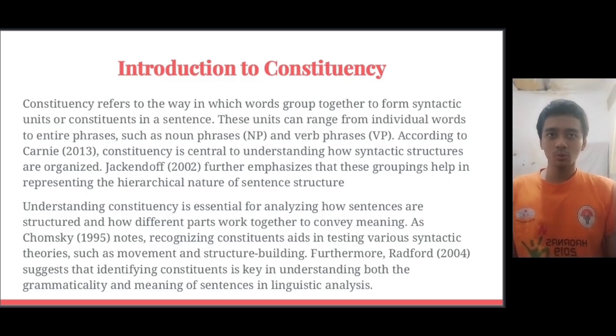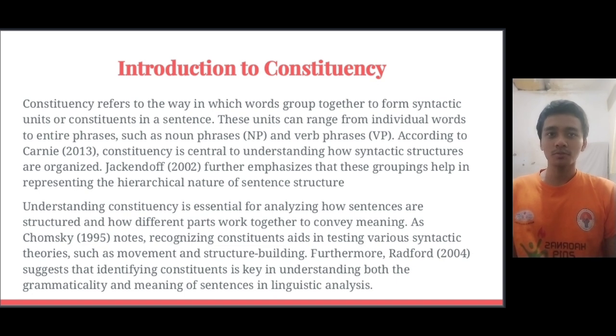Introduction to constituency. Constituency refers to the way in which words group together to form syntactic units or constituents in a sentence. These units can range from individual words to entire phrases, such as noun phrases (NP) and verb phrases (VP). According to Kearney 2013, constituency is essential for understanding how syntactic structures are organized.